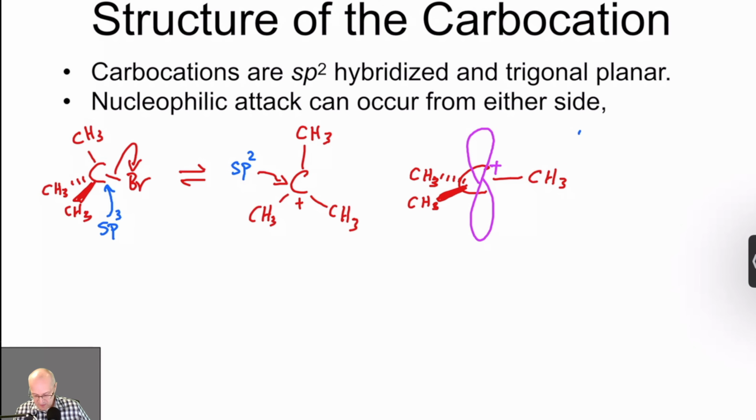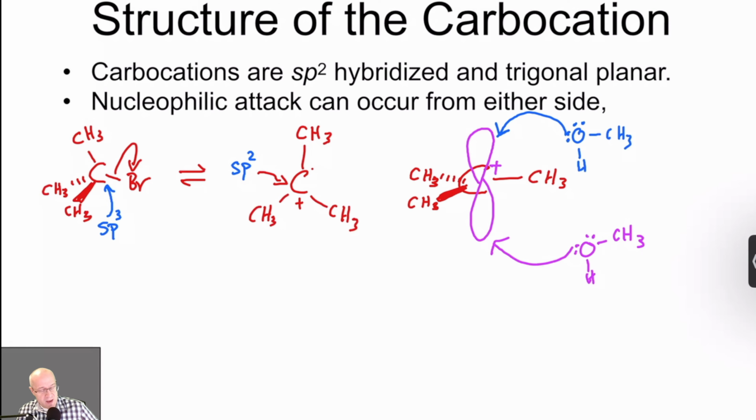So the solvent, say the methanol or whatever, can attack from the top or the bottom. It can happen 50-50 because the top is not different than the bottom. They're the same. So the attack from one side or the other, 50-50. So it doesn't really matter in this example.